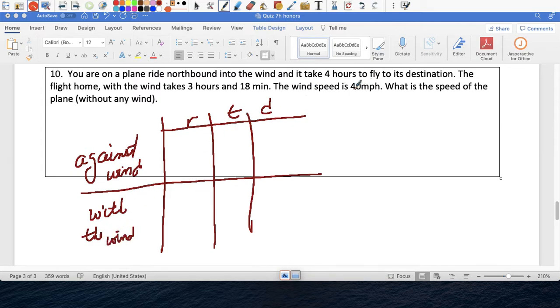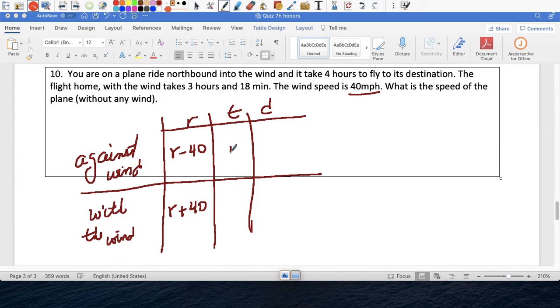And the wind speed is 40 miles per hour. So when you're going against the wind, it's your rate, whatever your speed is, minus 40, because you're going against the wind. And if you're going with the wind, it's whatever your speed is plus 40. Gotta go a little faster.